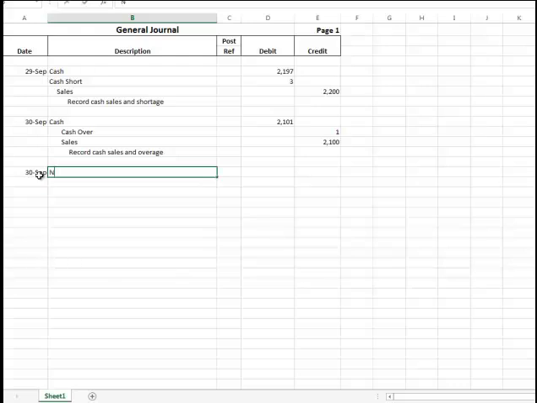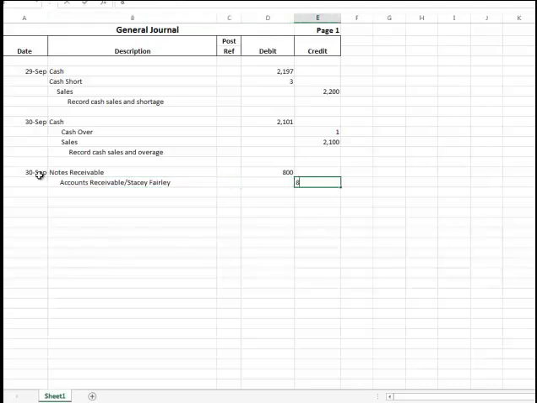So I'm going to debit a new account called notes receivable for the $800 that she owes, and I'm going to credit accounts receivable, Stacy Fairley, for $800.